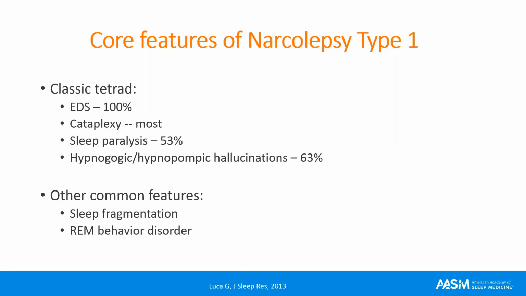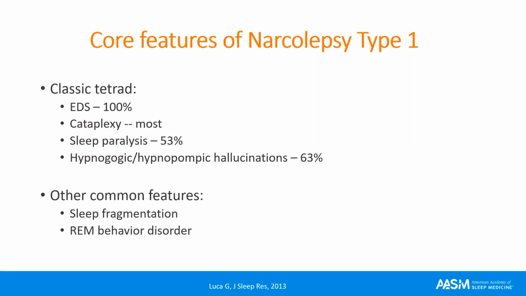Most people with type 1 narcolepsy do have cataplexy. Now that you can diagnose narcolepsy type 1 by hypocretin deficiency, there are some people who are sleepy and hypocretin deficient who do not have cataplexy, or perhaps do not have cataplexy yet. But most people with type 1 narcolepsy will have cataplexy.